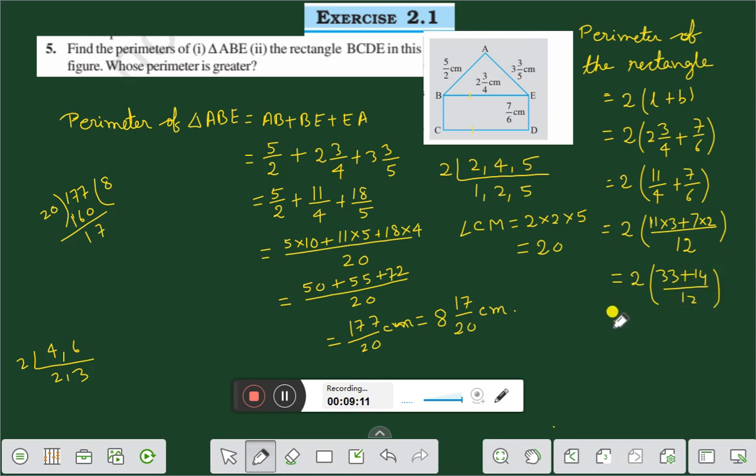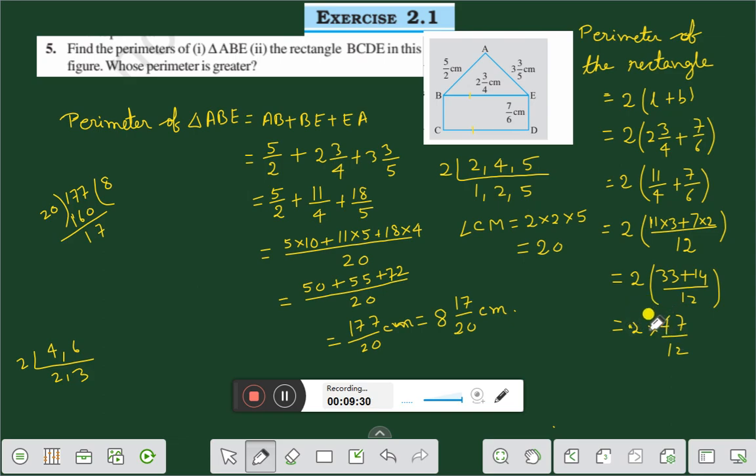That is, we are getting 2 into 47 by 12.